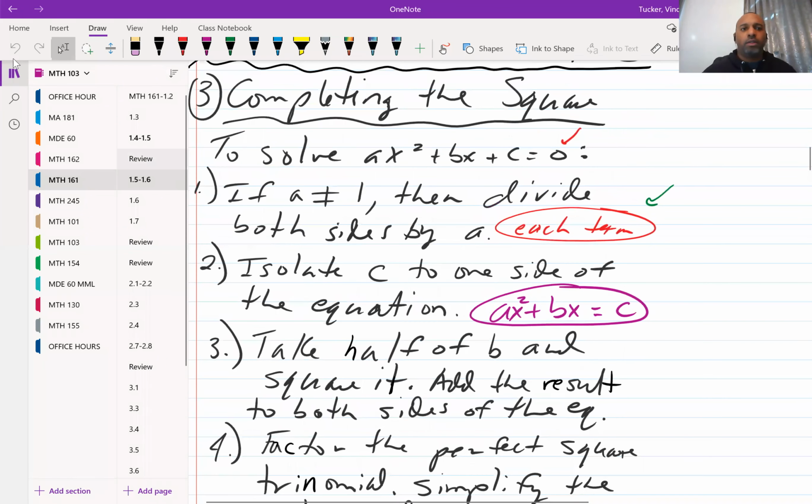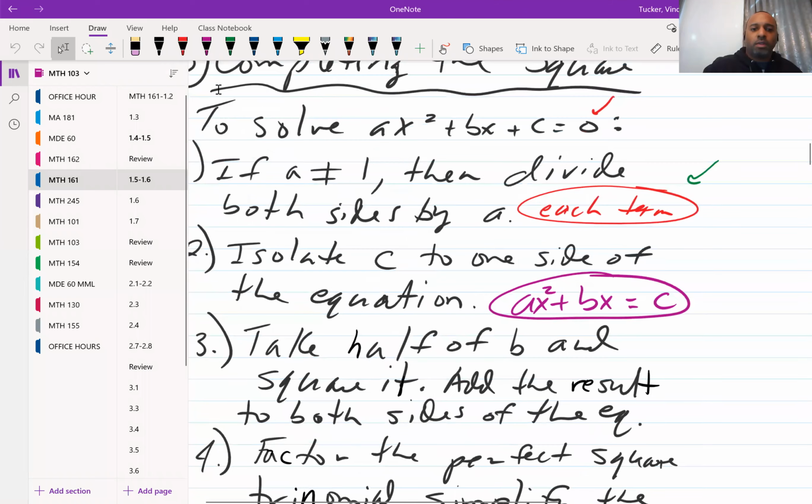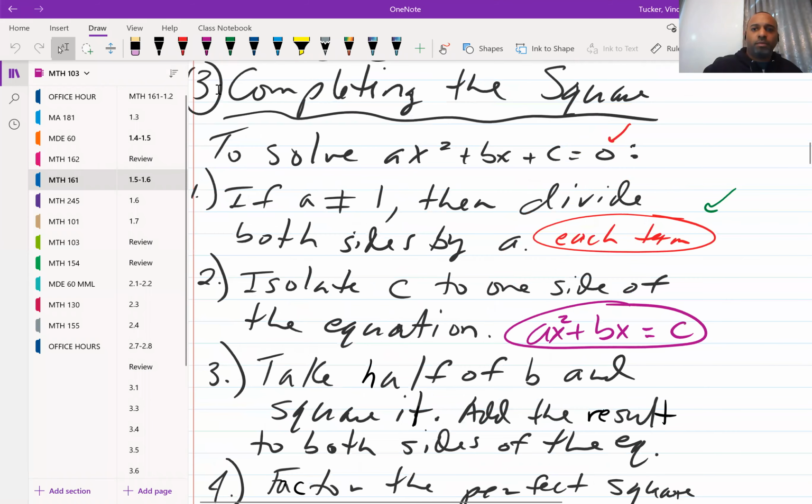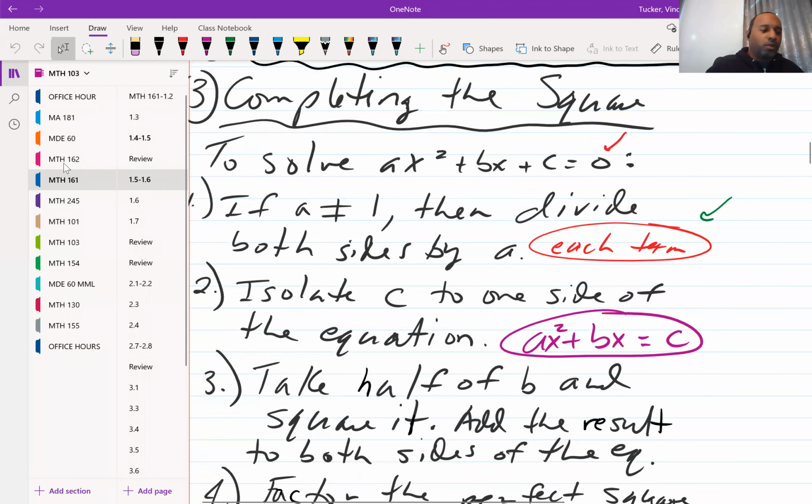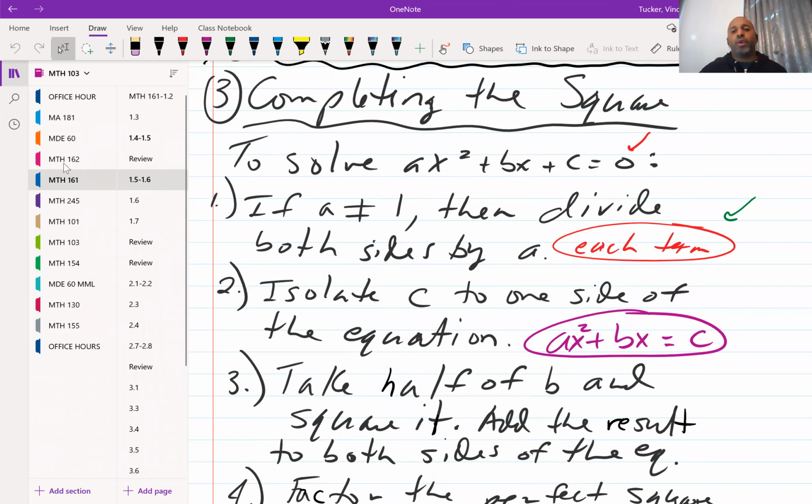All right, so of course, you don't have to write that, but this is where we start completing the square. So these are our steps. If we want to solve the equation ax squared plus bx plus c equal to 0, first thing we'll do, if a is not equal to 1, a is the number that's sitting in front of x squared, then we'll divide both sides by a. In other words, you're going to divide each term by a.